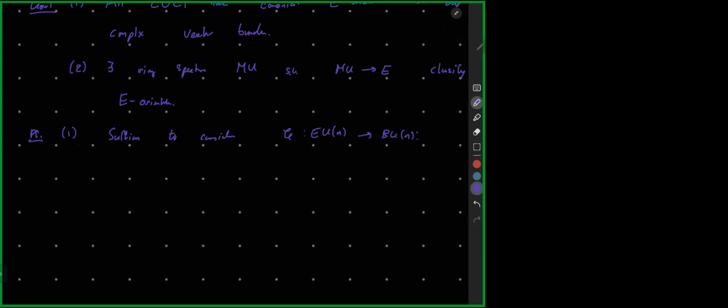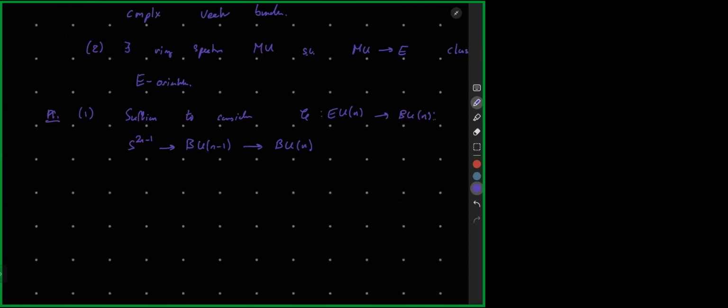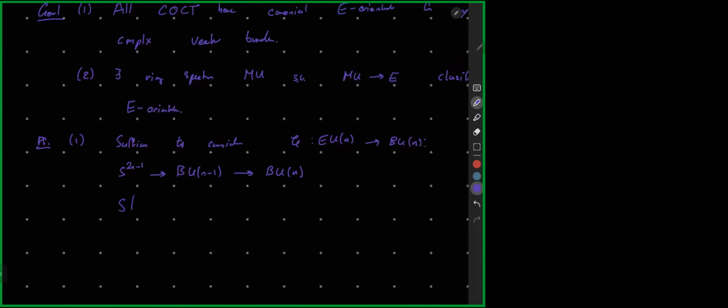So what we know is that we have a fibration from S^(2n-1) to BU(n-1) to BU(n). And as a consequence of this, we can identify the sphere bundle of zeta over BU(n-1) and the disk bundle of zeta with BU(n) itself.